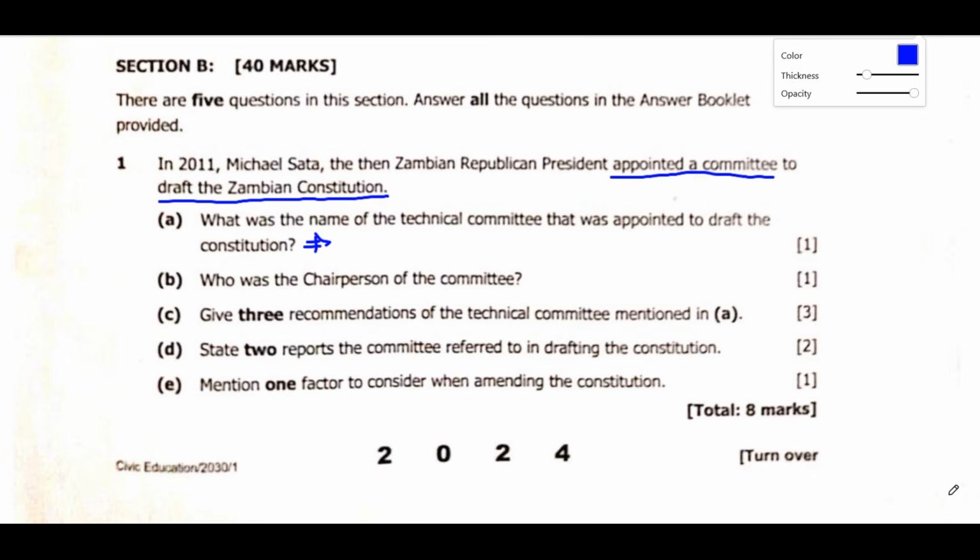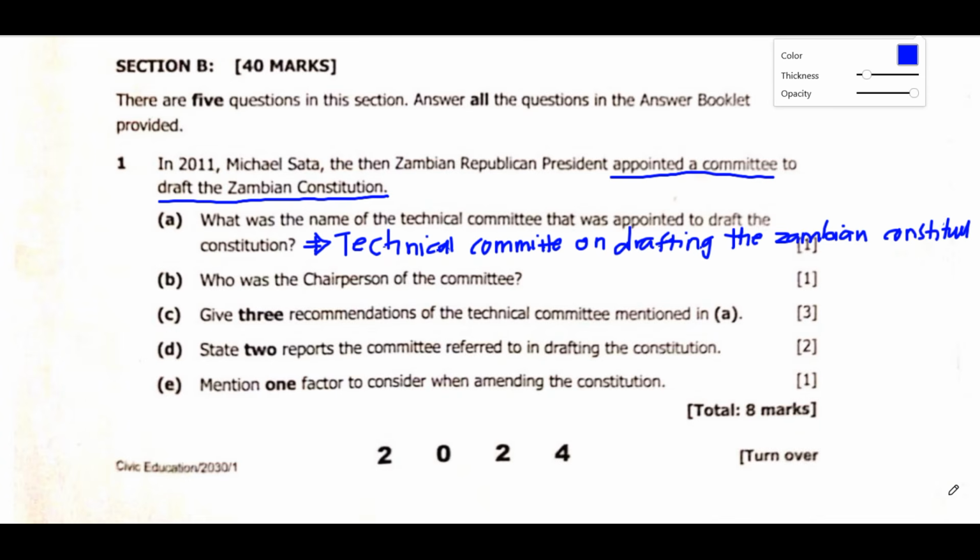So the name given to this committee was technical committee on drafting the Zambian constitution. So we know what the constitution is by now.